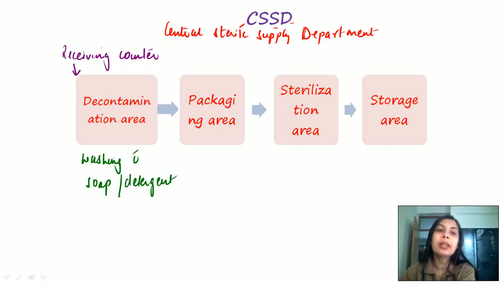After it is decontaminated, we are sending the instruments or linen etc. to the next area. First area was the receiving counter, second is the decontamination, third area is the packaging area.